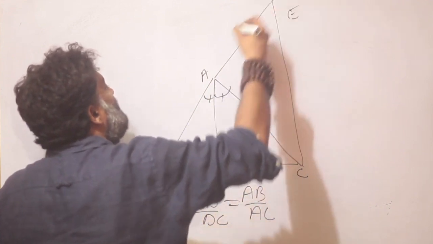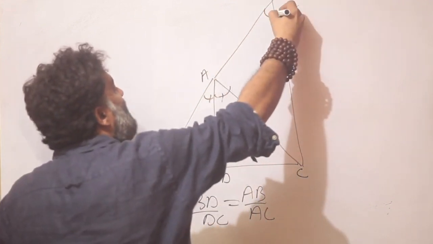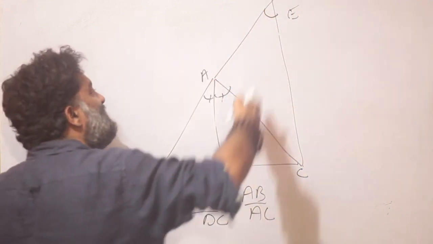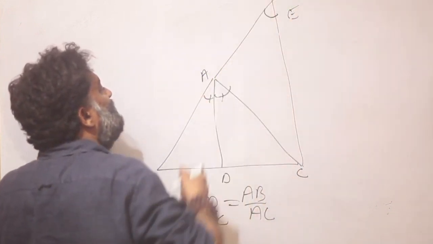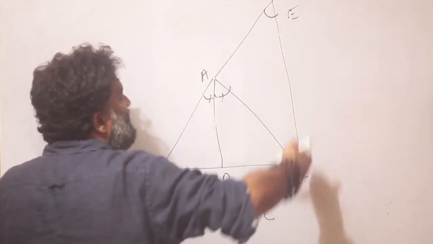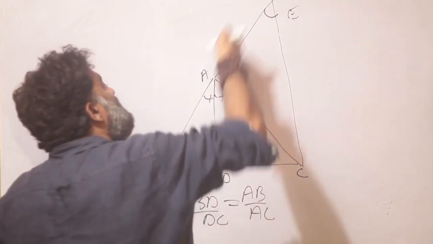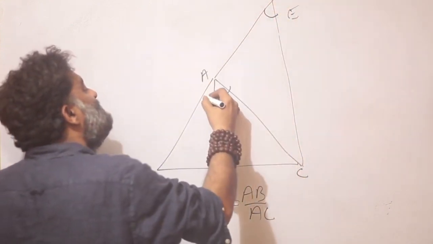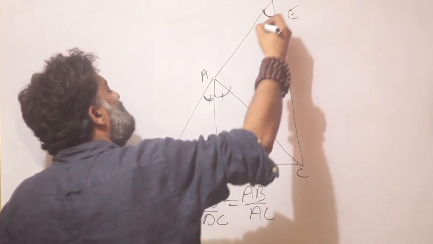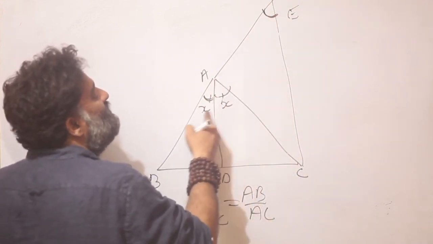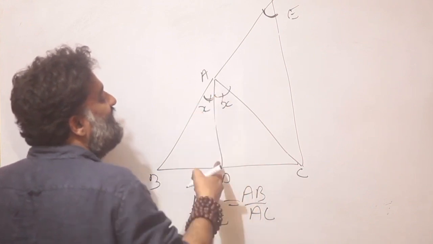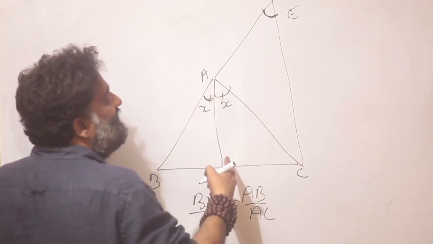And say this line is extended and I get another angle here. Again think of these two as the parallel lines and this as the transversal. With AD and CE as parallel lines and BE as a transversal, you will see this angle corresponds to this angle. So if this is x, this is going to be x because they were equal to each other, as an angle bisector created them.